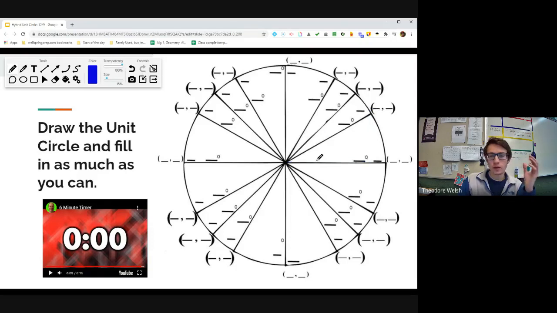And the value of the unit circle is it allows us to work with sine, cosine, and tangent, so trig functions, in a much quicker way. And it allows us to easily apply those trig functions to our special angles if we have a quick knowledge of the unit circle. So anything related to triangles, the unit circle comes in handy, as well as anything that has any sort of wave-like structure.